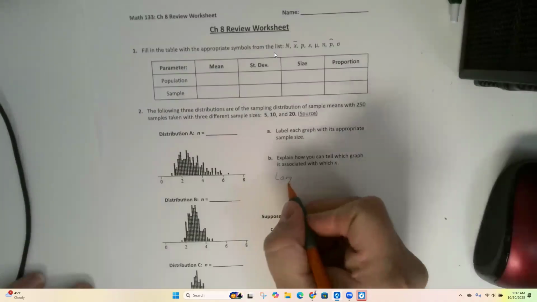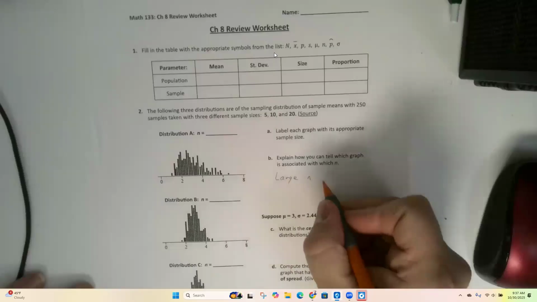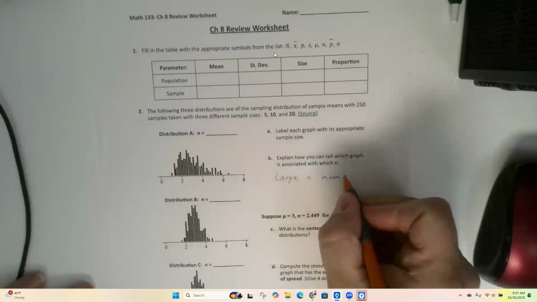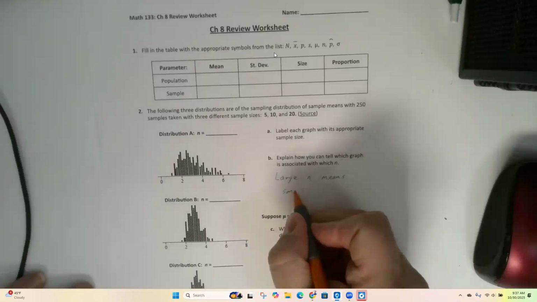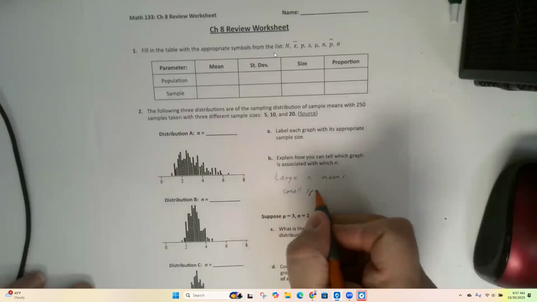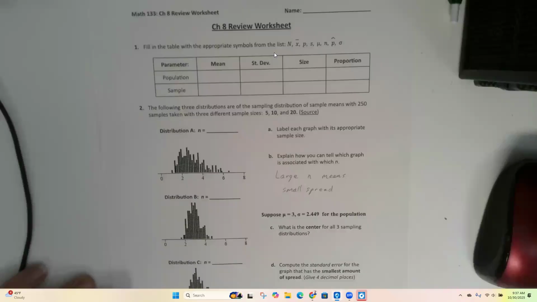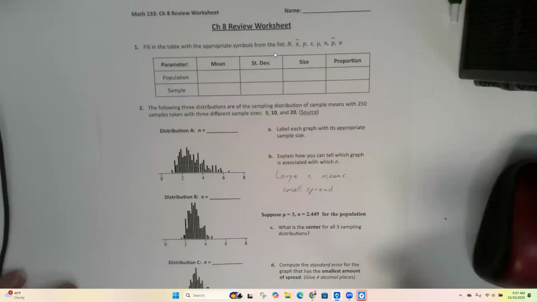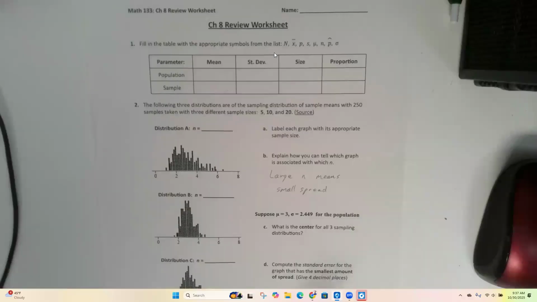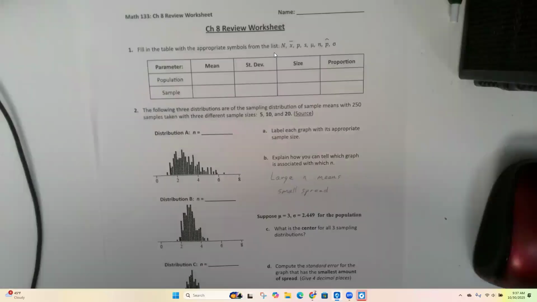A large n value means a small spread. Okay. So that's going to be your hint on how to do part A, as well as part C and D. Okay, great. So let's move on to the next page.